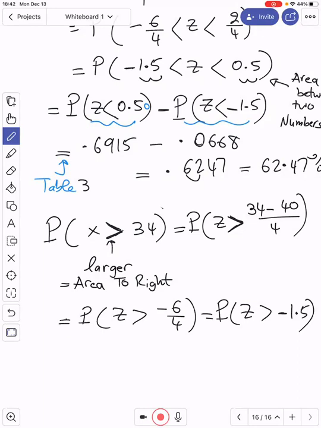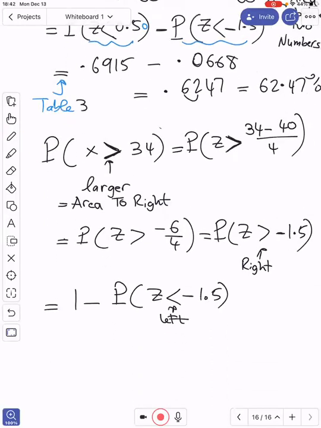But we cannot use the table yet, because this is the area to the right, and the table gives us only the area to the left. The area to the right is 1 minus the area to the left. So that'll be z less than negative 1.5, the area to the left, and here you can use the table.